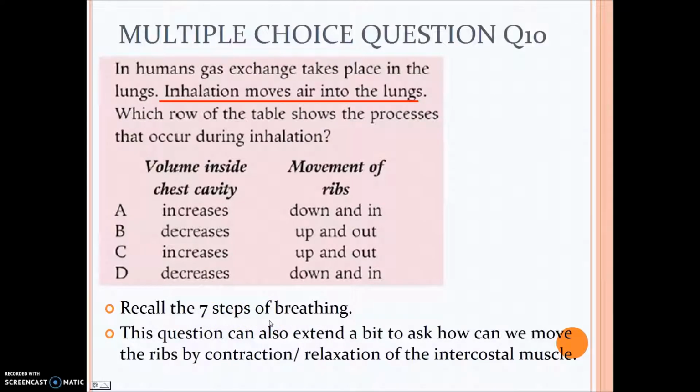But in this question we do not only focus on the 7 steps, but also on the muscles: the contraction or relaxation of the intercostal muscles, and how they bring about the movement of the ribs, and how that affects the volume inside the chest cavity, that means the thoracic cavity, and how it brings about inhalation, helping the person to breathe in.